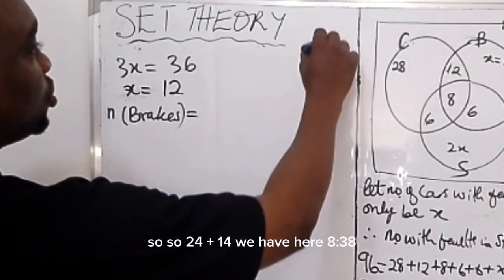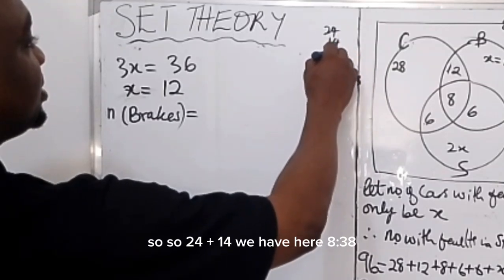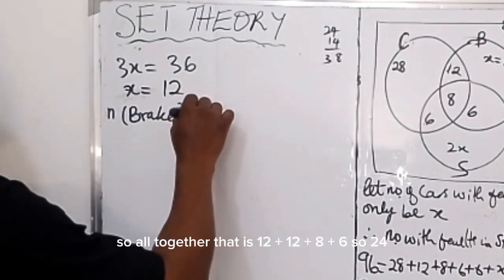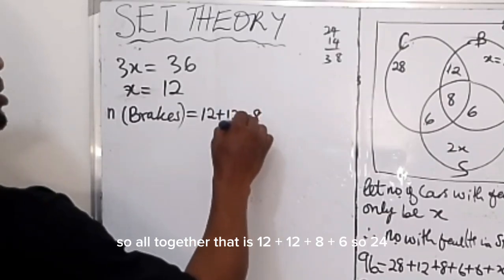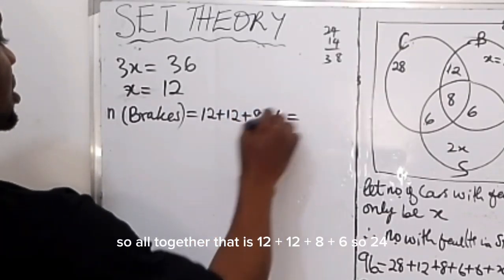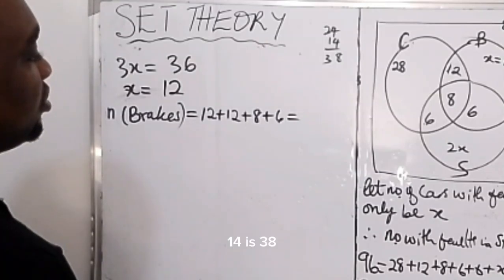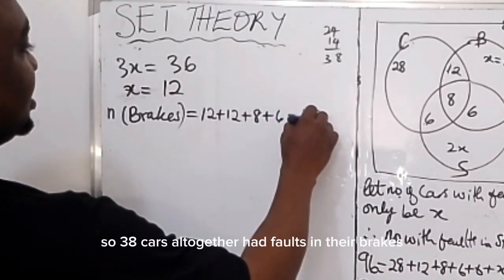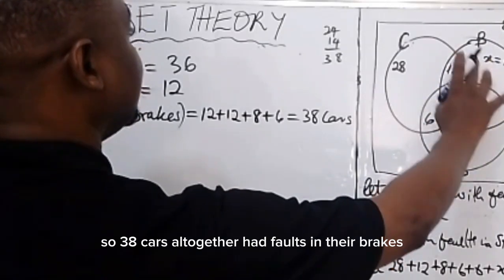So altogether, that is 12 plus 12 plus 8 plus 6. So 24 plus 14 is 38. So 38 cars altogether had faults in their brakes.